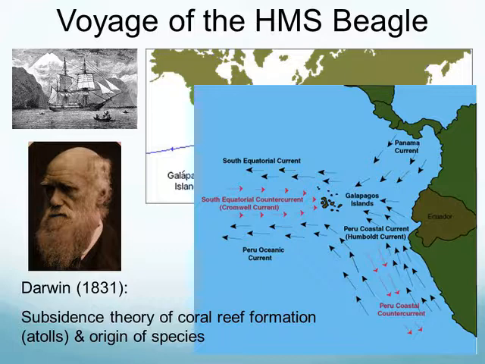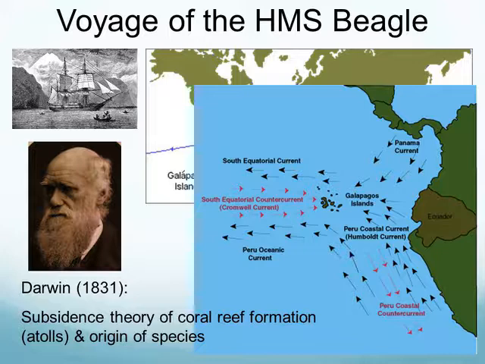He's also credited with coming up with the theory of coral reef formation. Along his travels, he noticed that there were certain islands that had coral reefs around them, much like here in Hawaii. But then he also saw random rings of coral reefs out in the middle of the ocean.